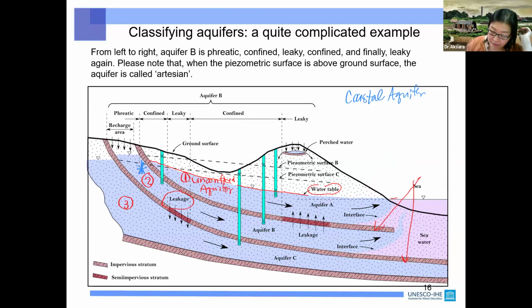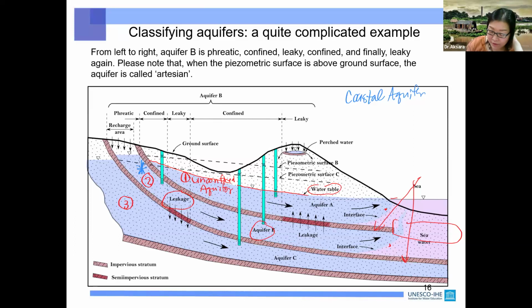They have some connection between the first layer and the second layer right here. So your first aquifer and second aquifer are actually connected through the leakage component. So the water in aquifer B here is not totally confined.